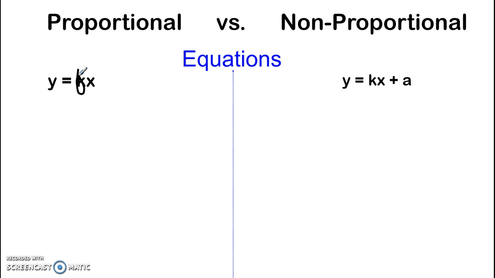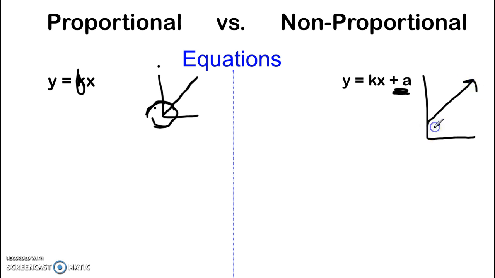And these graphs, which we'll talk about in a few minutes, are the ones that start always at 0. So they start down here at 0, 0. In the equation y equals kx plus a, this plus a changes the graph to where it does not start down here at 0, 0.